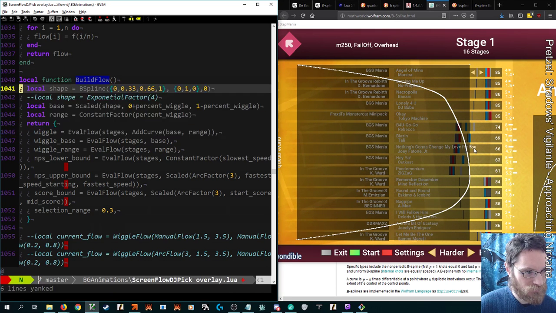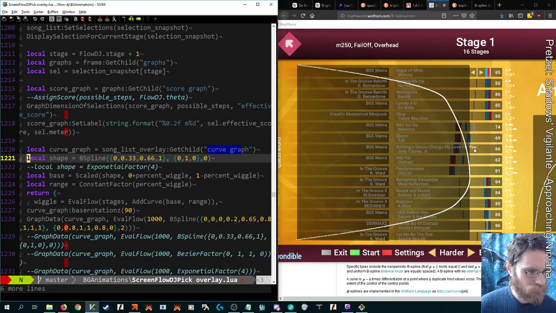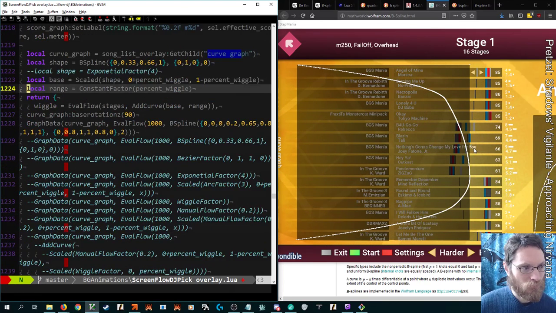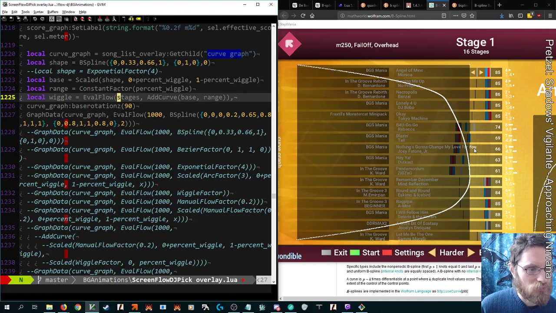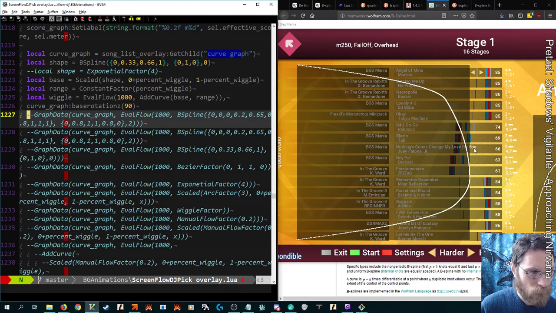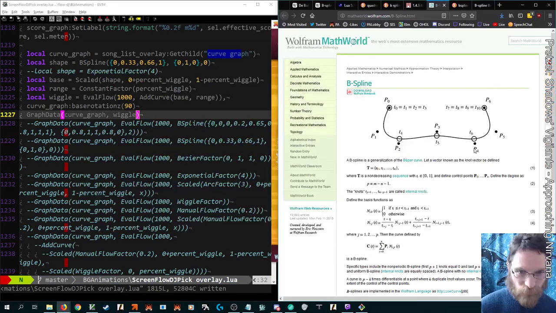Well, add curve base range. So our baseline, does this actually make sense? Does this make any sense at all?